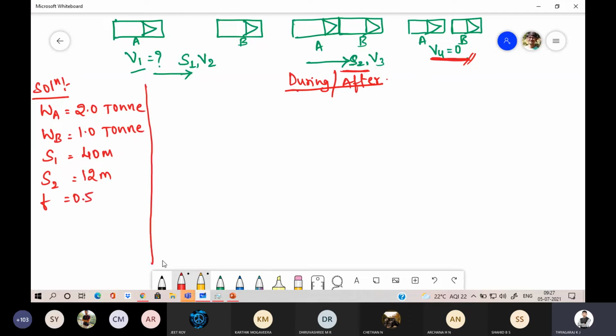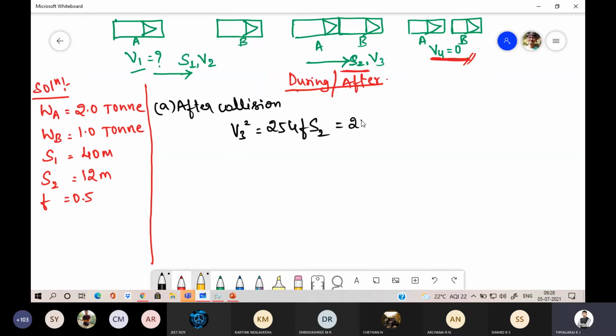Now, in this problem, first we are going to work out from the back, that is, after collision. What is the formula for after collision? V3 square is equal to 254 F S2. Now input all the values.